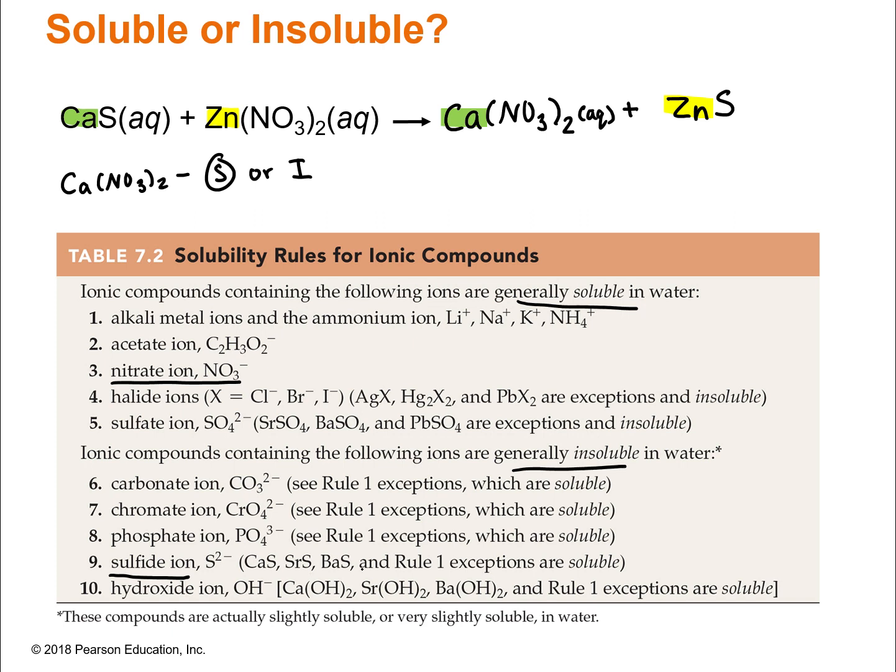I've got some exceptions, so let me see if mine falls under that. Calcium, strontium, barium, and then lithium, sodium, potassium, ammonium. Those would all be soluble. I don't have any of those. I have zinc. So that means that zinc sulfide is going to be insoluble. It's a solid.